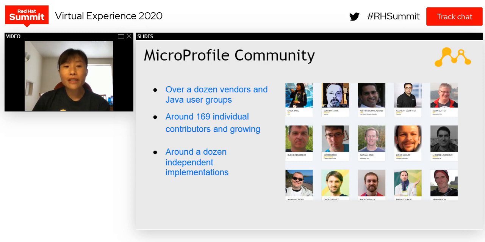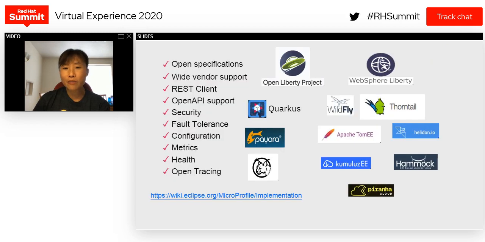The MicroProfile community has over a dozen vendors and Java user groups, around 169 individual contributors, and the community is still growing. There are about a dozen independent implementations, like Open Liberty and WebSphere Liberty from IBM.